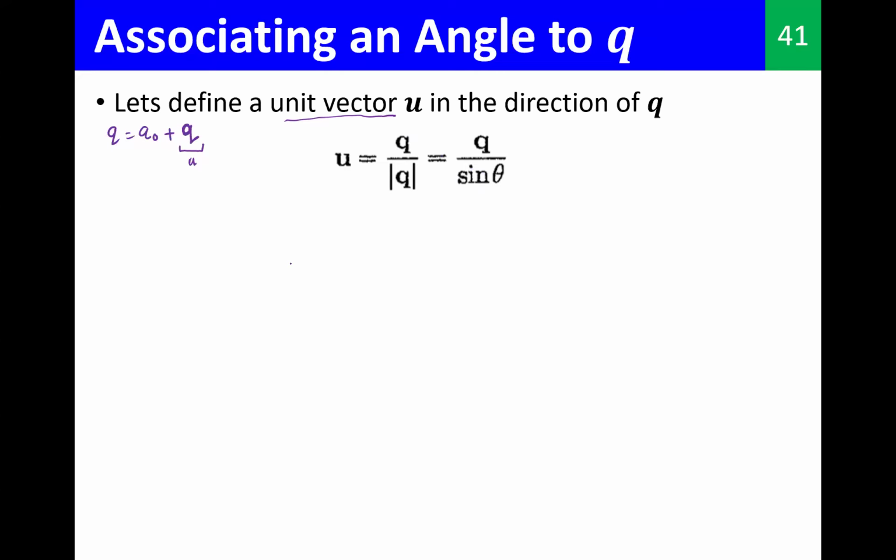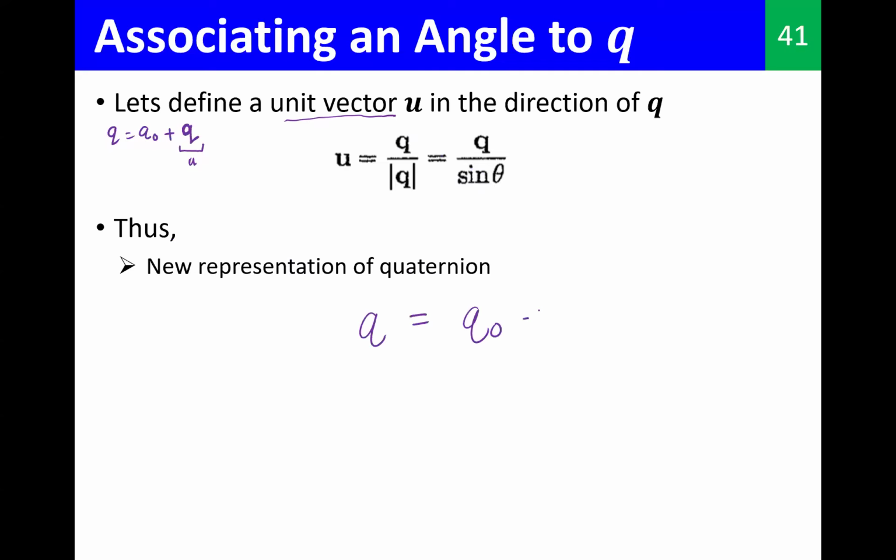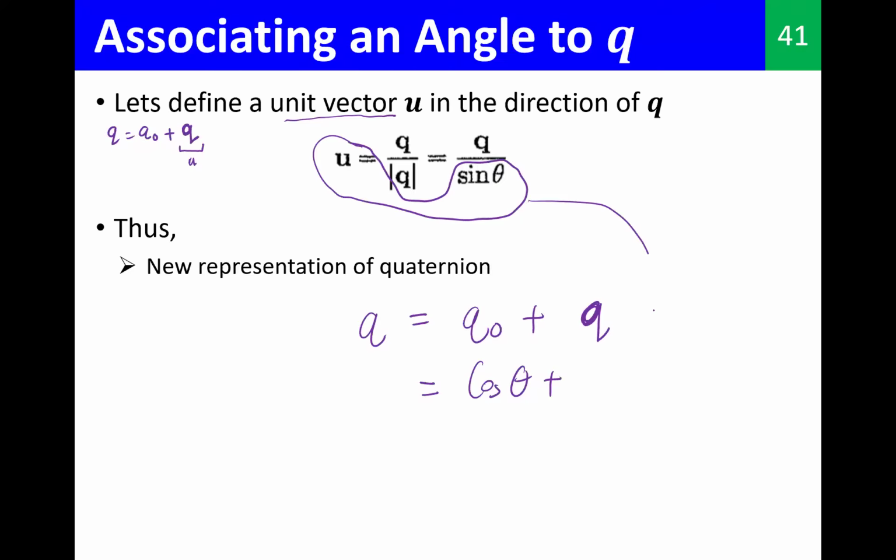Therefore, the new representation of my quaternion is q equals cos theta plus u sine theta, where u is a unit vector in the same direction.